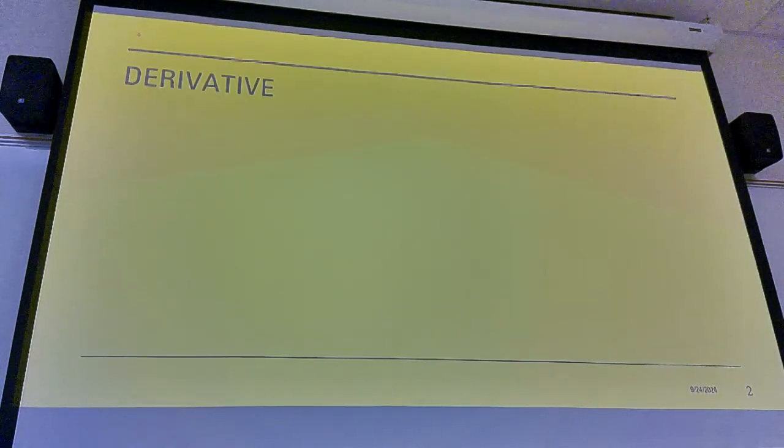Who remembers the definition of the derivative? The limit as h goes to 0 of f of x plus h minus f of x, over h.